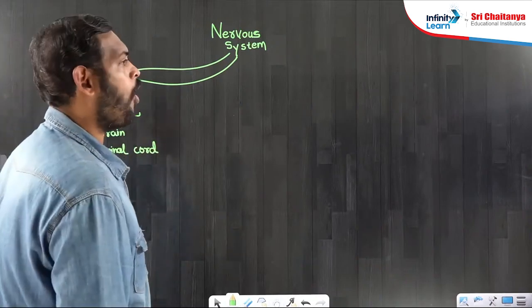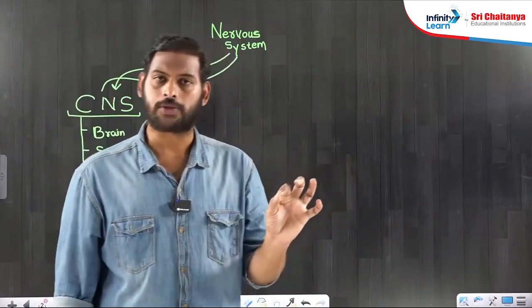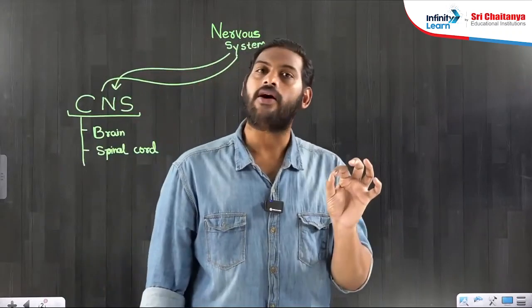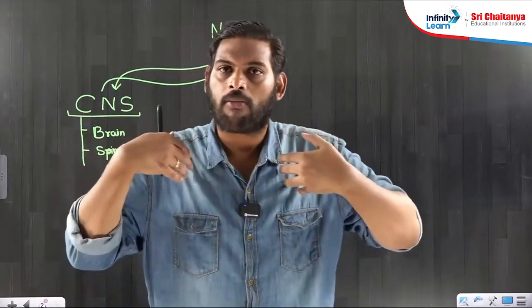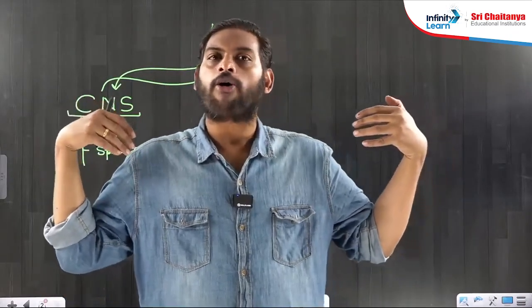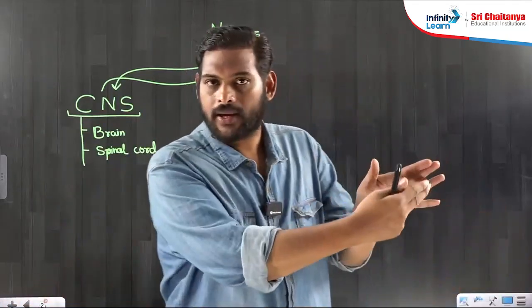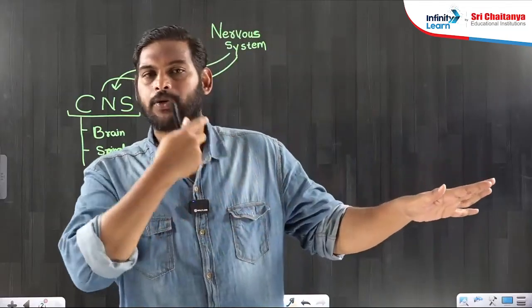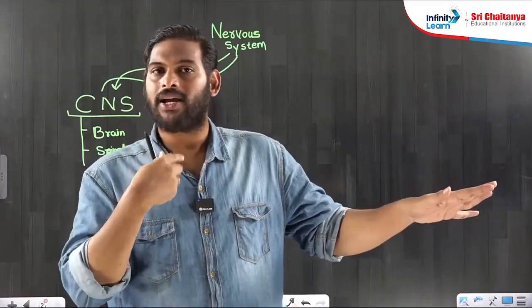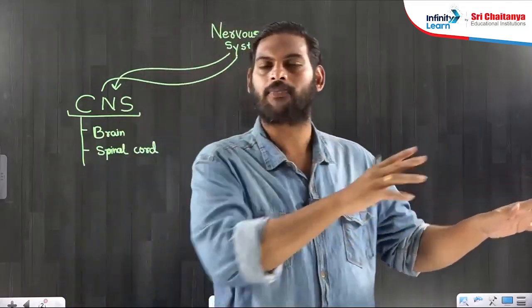At the same time, all those neurons and nerves which come out of them and occupy the lateral parts of your body will help in bringing signals to the CNS and also sending responses from the CNS.